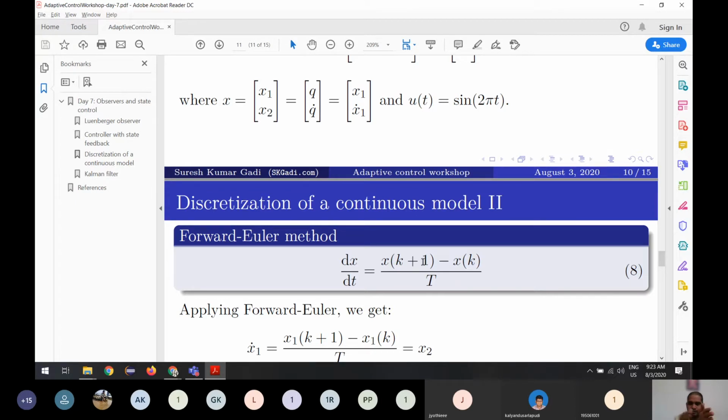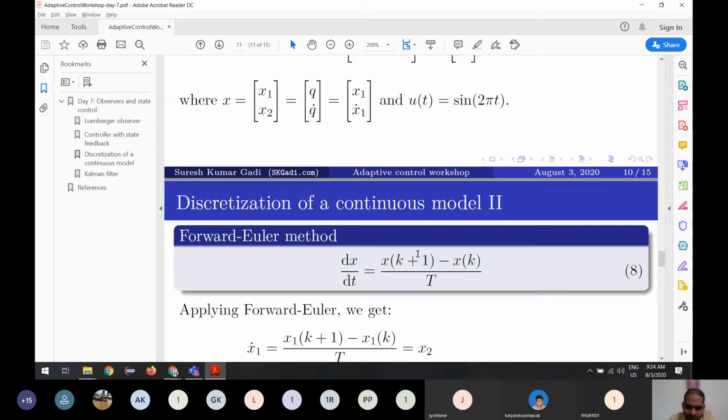So we have it at 0, then after T seconds, and after 2T seconds. We say 0, 1, 2, 3. What does 1 mean? After T seconds. What does 2 mean? After 2 times T seconds.